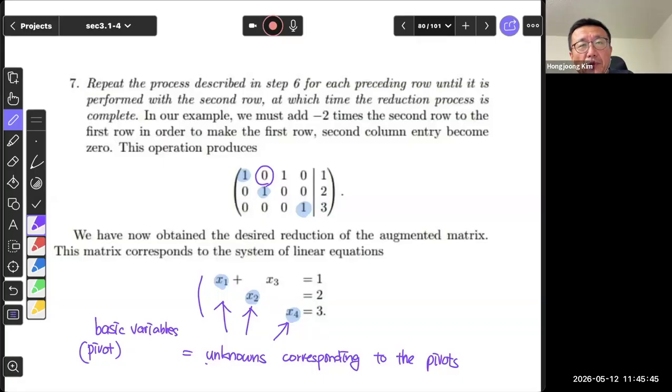Then we have one unknown which is not a basic variable. The remaining variable will be called a free variable.